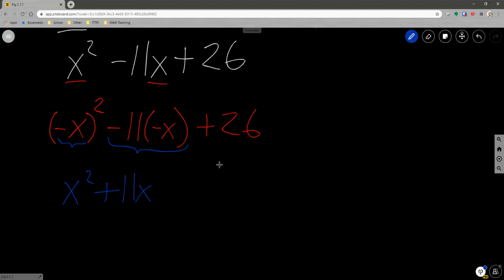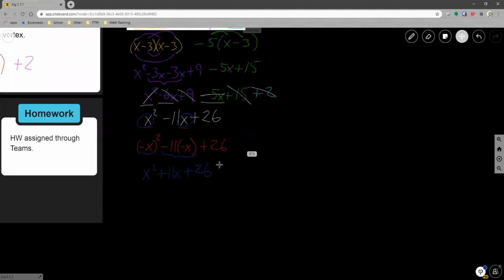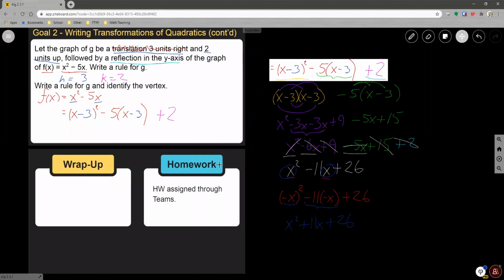And then the 26 is unaffected because we only multiplied the input values by a negative. So I have plus 26. At that point, I have written the rule for G.